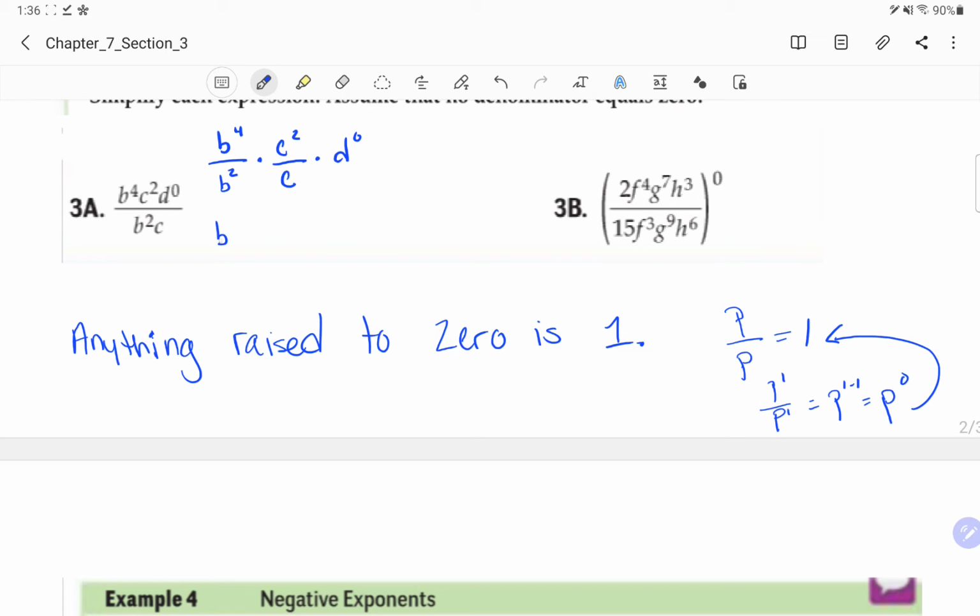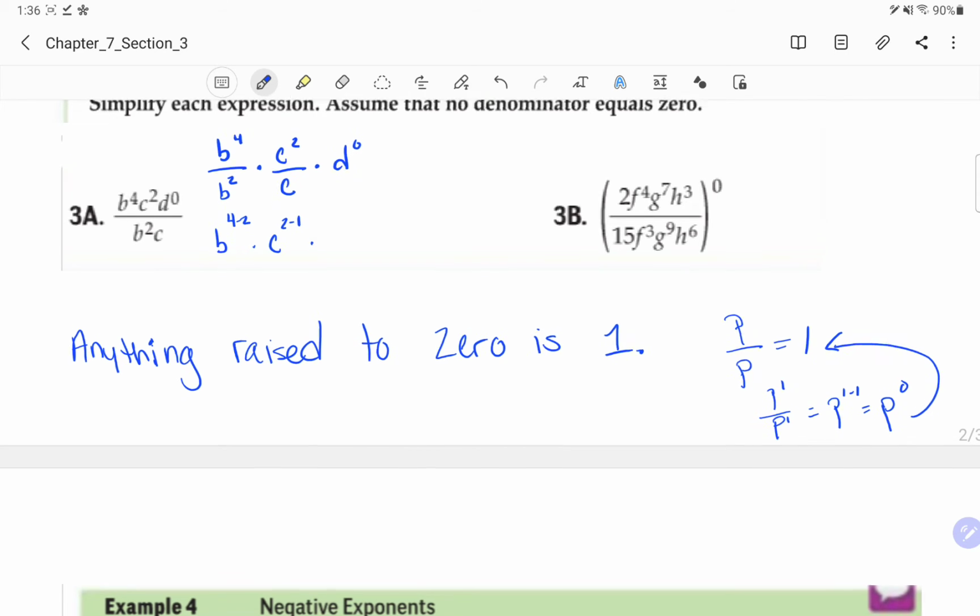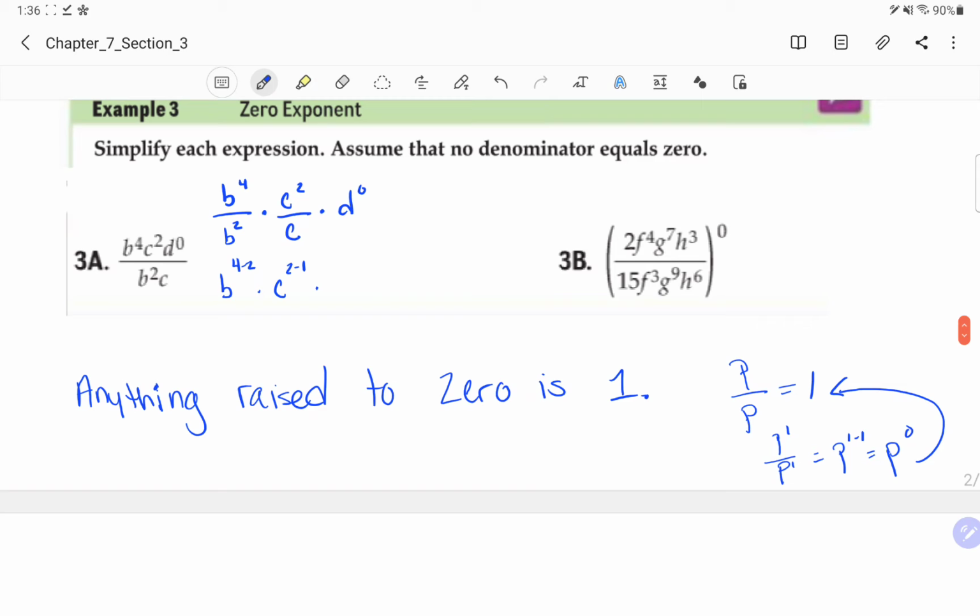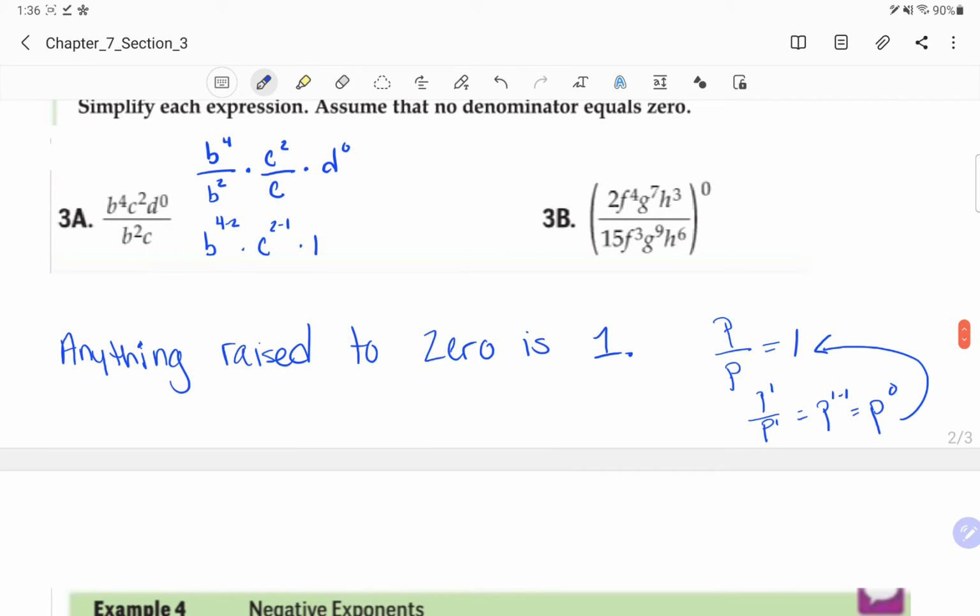This will become, our quotient of power rule says you subtract 4 minus 2, c 2 minus 1, and then our 0 exponent says that this is just 1. Okay, so it becomes b to the 4 minus 2 is 2, and c to the 1, or just c, and we don't need to write the times 1, so that would be our final answer. All right, so go ahead and pause and try 3b.